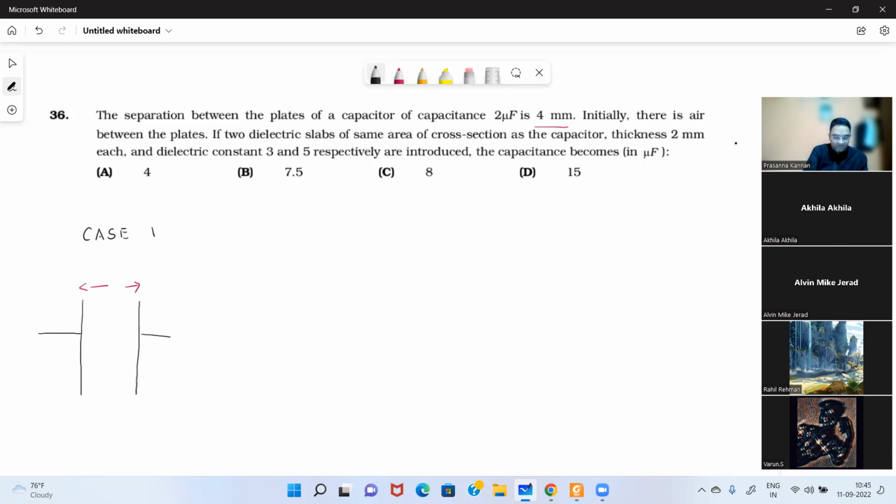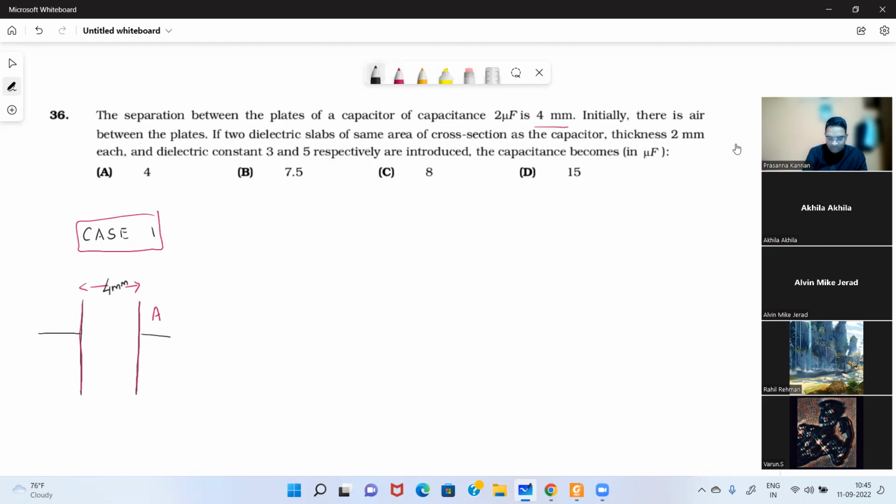Let's say the area of cross section of the capacitor is A. Actually, it's three-dimensional, and we are just looking at the cross section, correct?